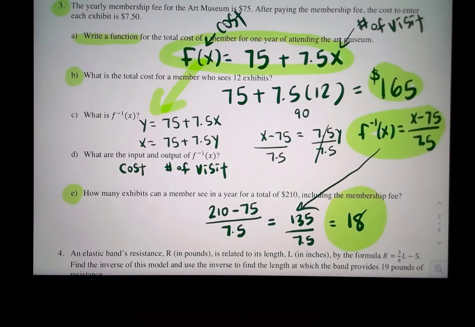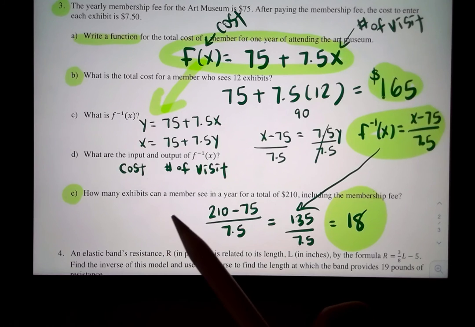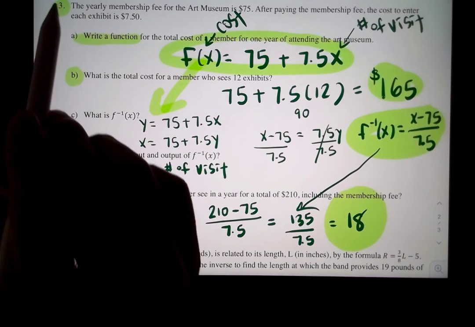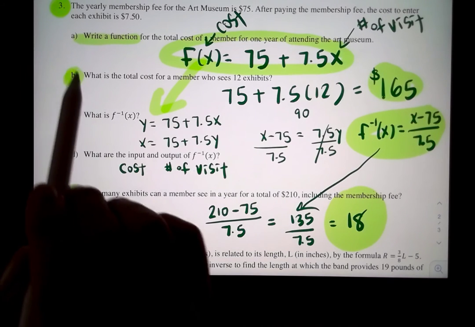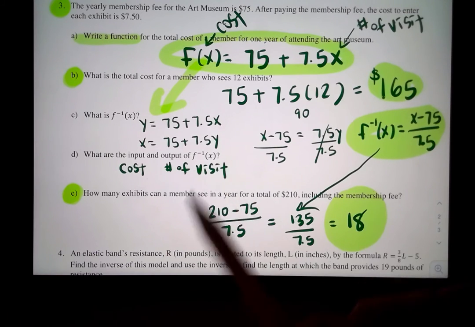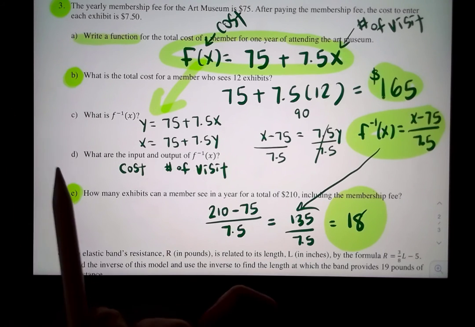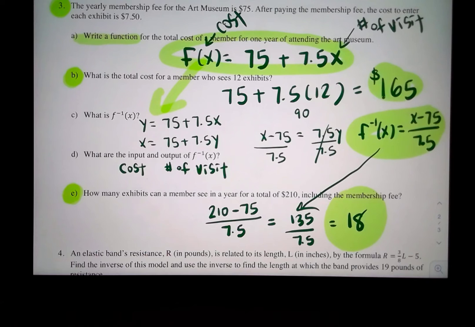I will give you the function, and all you need to do is get the number, but you need to know which one is your input and which one is your output. All right, so like this, I told you this is what your quiz problem looks like. If you don't get how to set up the function, at this point the quiz will be like finding the value, but I want you to know which one is your input and output.